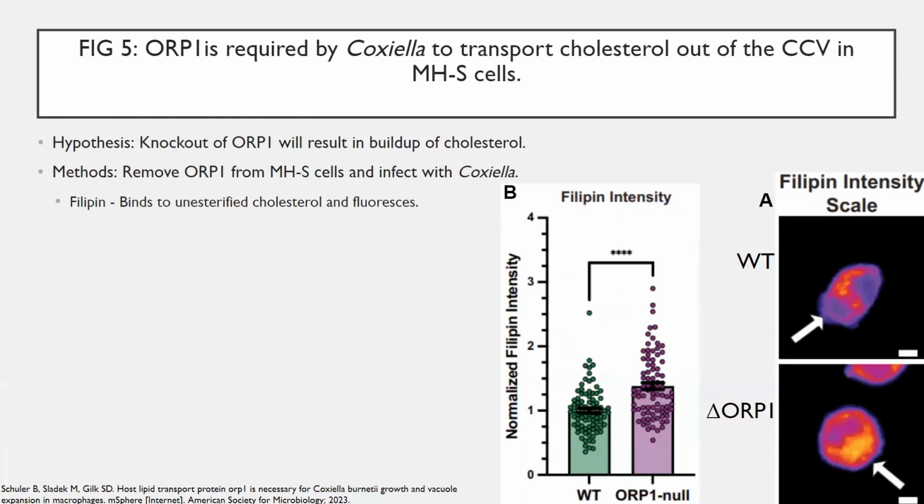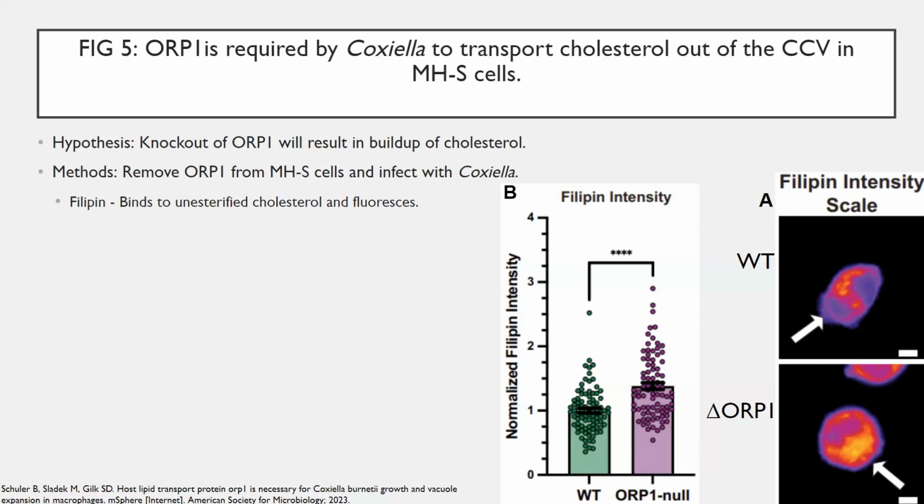This figure basically discusses the buildup of cholesterol in the MHS cells. So they use a compound called filipin to bind. It's a fluorescent dye that can bind to the cholesterols, and it fluoresces, so that's real convenient for this.